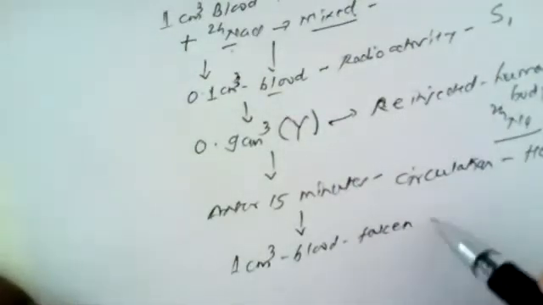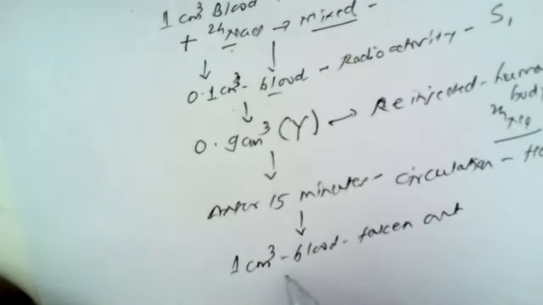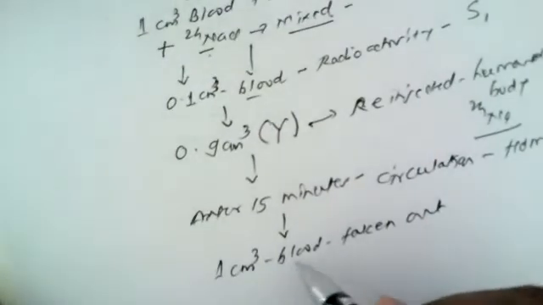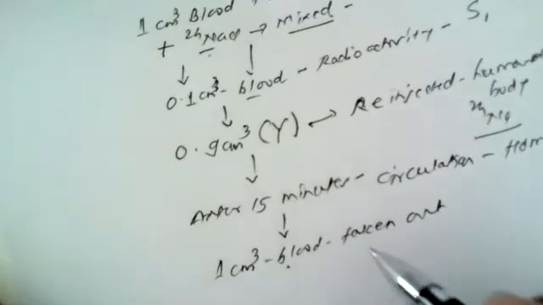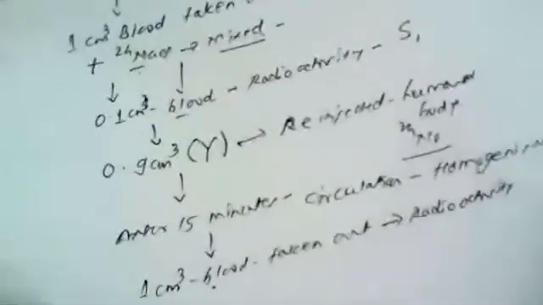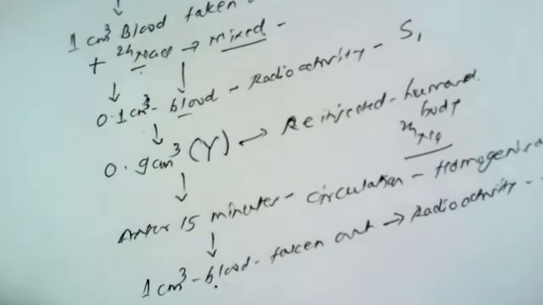Now this blood, which has already mixed with the entire blood content of the patient, contains sodium 24, and the radioactivity of this blood is again measured. Say this is S2.